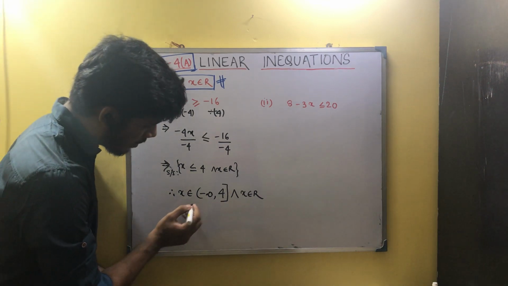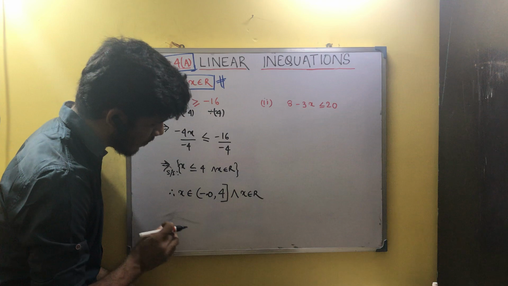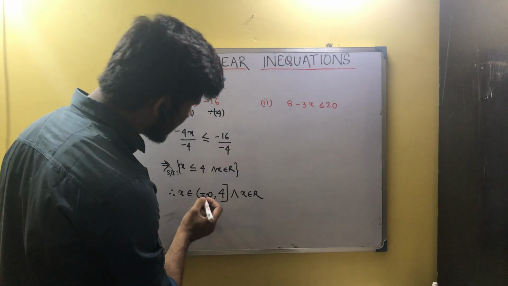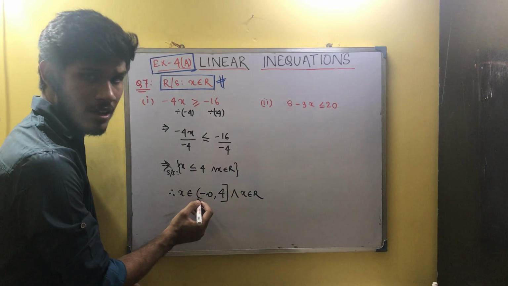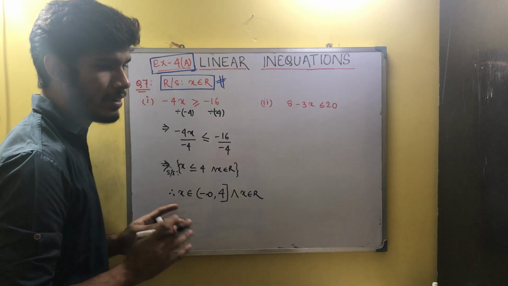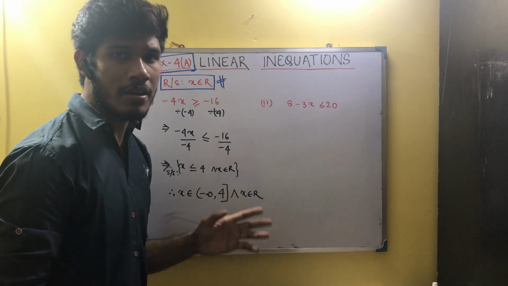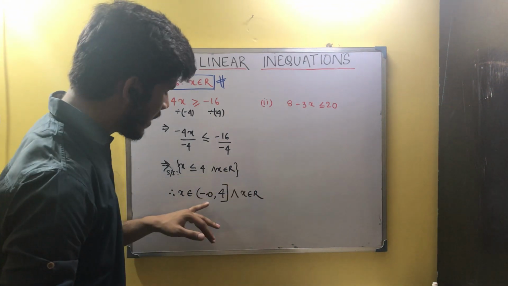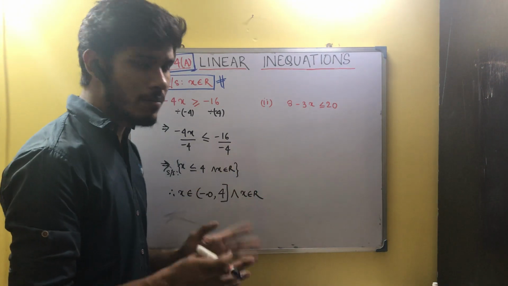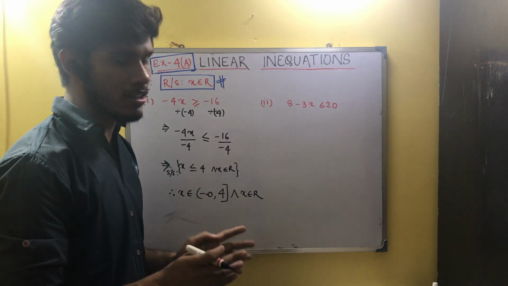Now as I have said in the previous videos, when you use the smaller bracket, it means that you are excluding the number written beside it. Minus infinity or plus infinity is a number that you cannot ever achieve, isn't it?